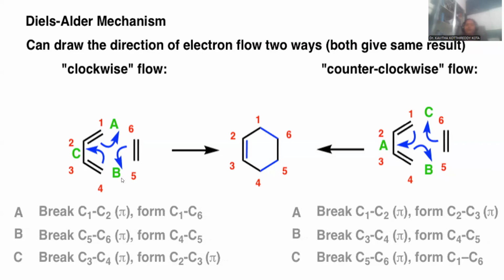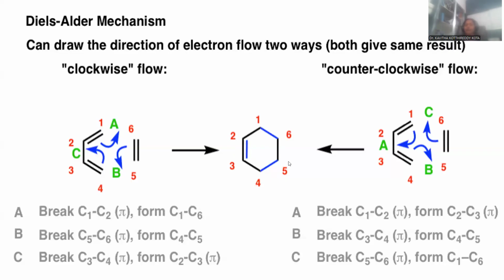This is the reason why there is bond formation and bond cleavage in a simultaneous manner, and the newly formed bonds are indicated in the blue line. So you can notice the 1,6 sigma bond newly formed, the 4,5 sigma bond newly formed, and the 2,3 pi bond newly formed. All these bonds are newly formed, indicated with the blue color to help you distinguish them.